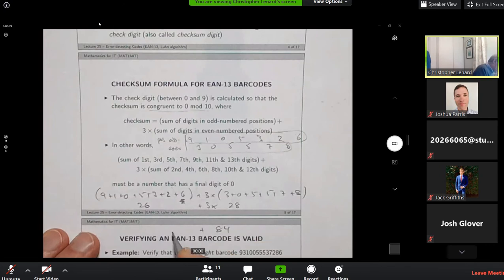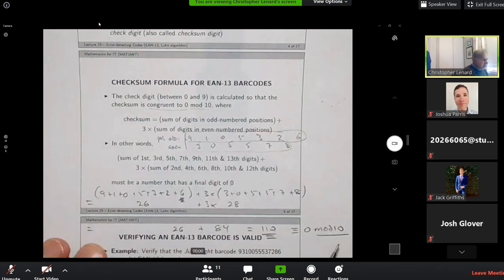We're adding 26, so 26 plus 84 is 110. It has a final digit of 0, which means that it's congruent to 0 mod 10. So this is congruent to 0 in the mod 10 arithmetic.